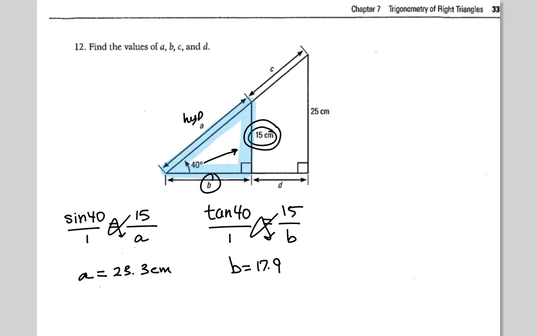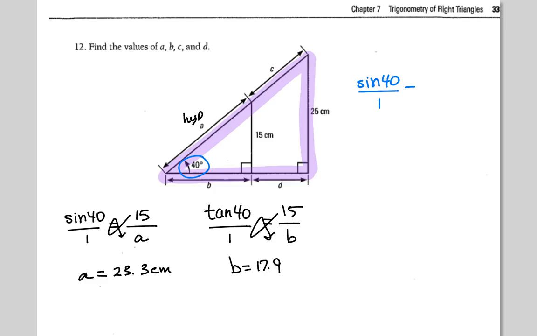Now what I'm going to do is erase all this stuff. And now I'm going to focus on the triangle at large, like this large triangle. And I'll switch colors. So now if I use 40 and sine, it's now going to relate this opposite side, 25, to the hypotenuse, which is this whole thing.